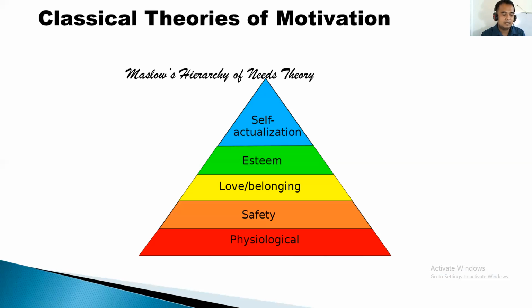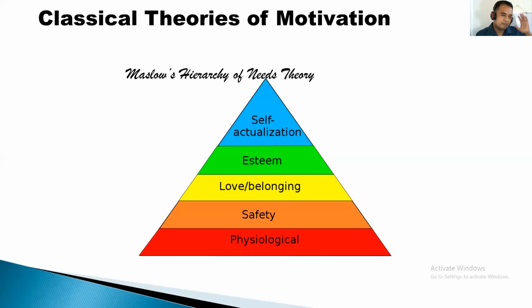So in this level, you have almost completed the different needs according to Abraham Maslow. But the last one is self-actualization. Self-actualization includes the urge to become what you are capable of becoming.